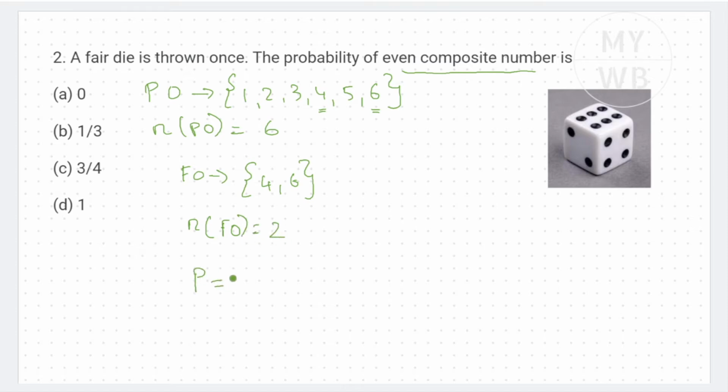Probability is found as the ratio between number of favorable outcomes to number of all the possible outcomes. So it is 2 by 6, which is 1 by 3. Option B is the correct answer. Next.